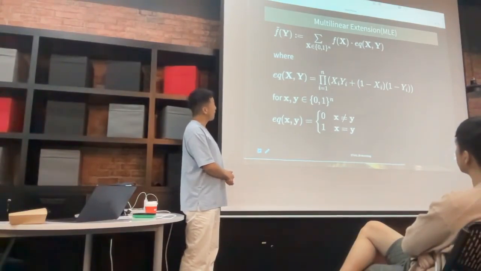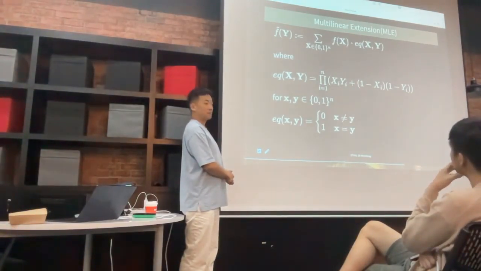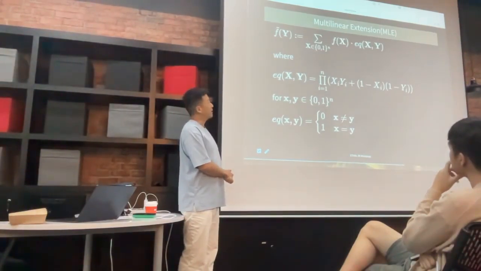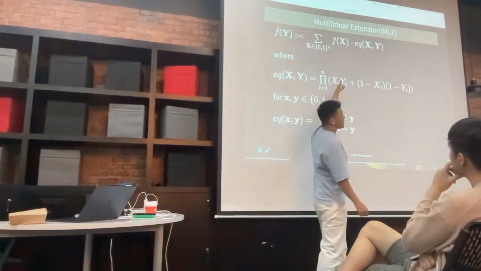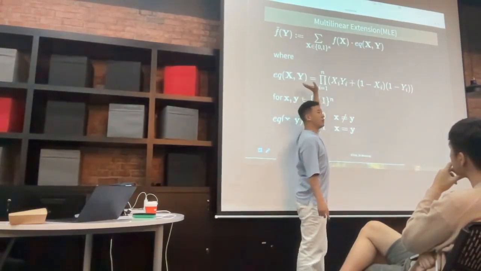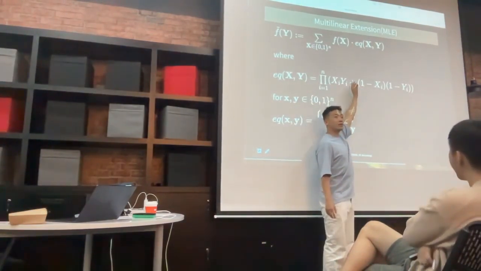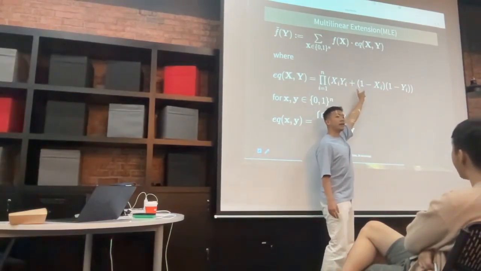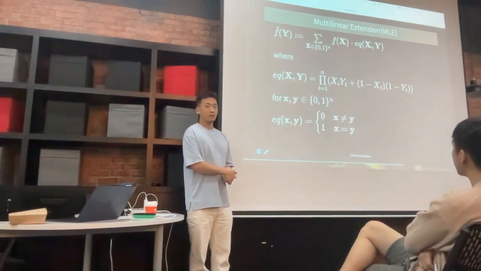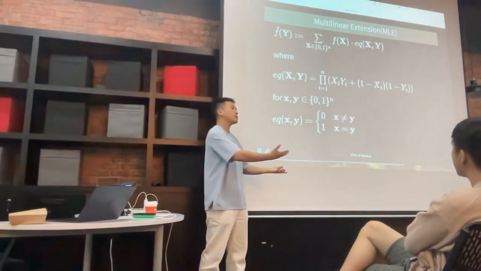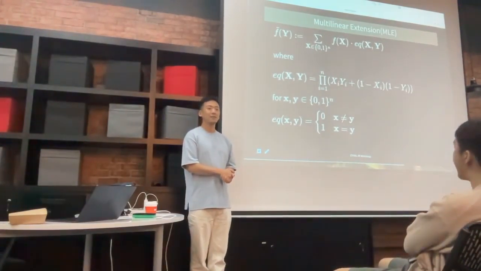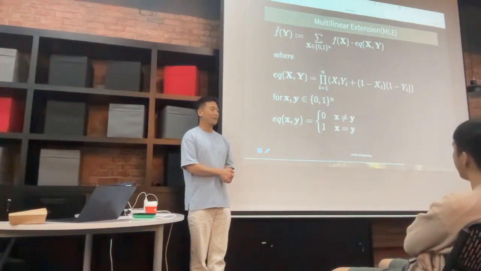F tilde of y is a multilinear polynomial, and when x is different from y, the term returns 0. So if you sum everything, it will be 0 except when x equals y. That's why it gives you the same value as f of x.